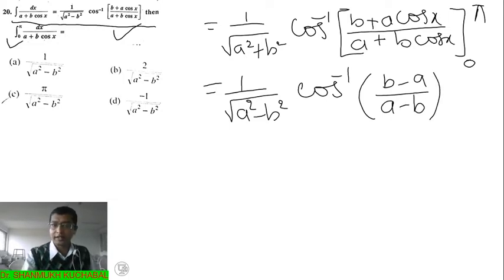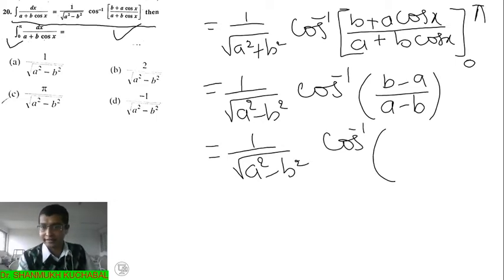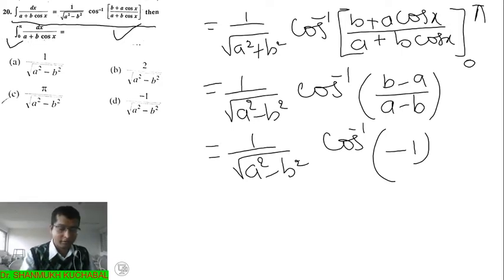So both are the same with a minus sign. So we get a square minus b square, cos inverse of b minus a. If I take a minus common from the numerator, we get minus of a minus b divided by a minus b. So we get minus 1 as an answer. Yes, cos inverse of minus 1.